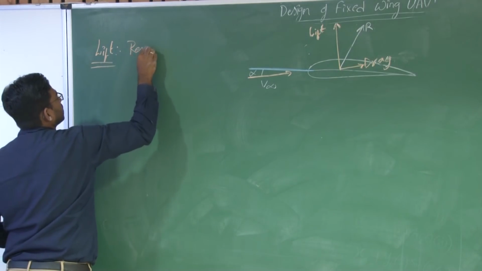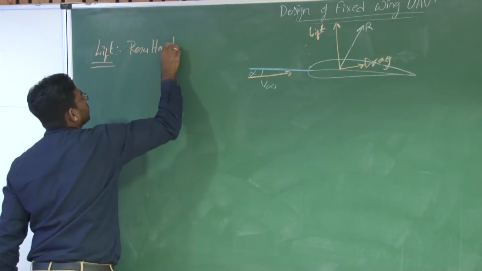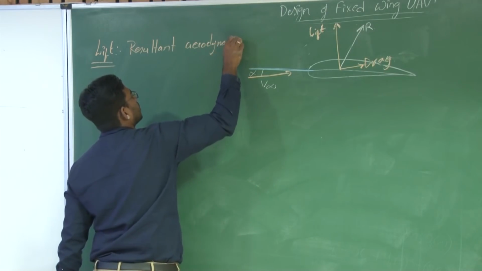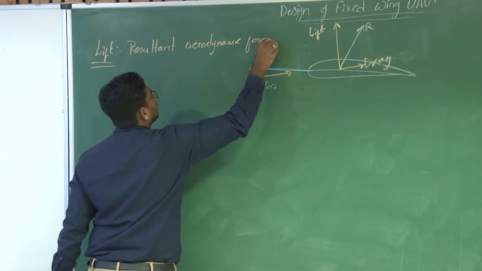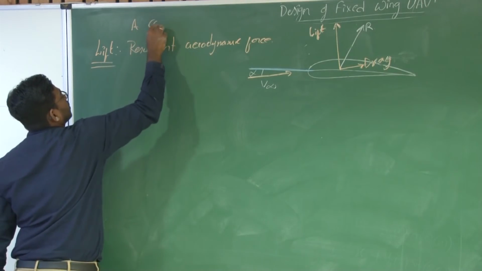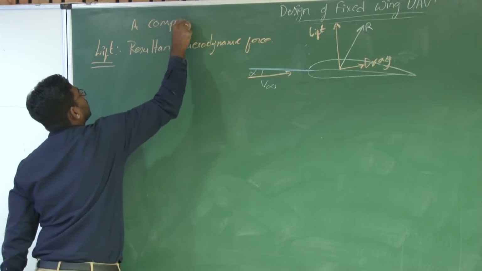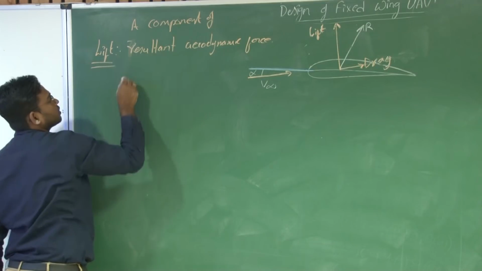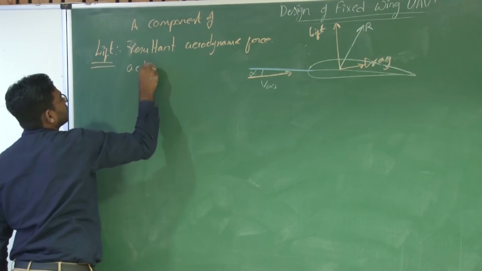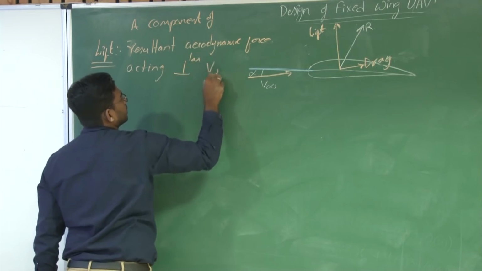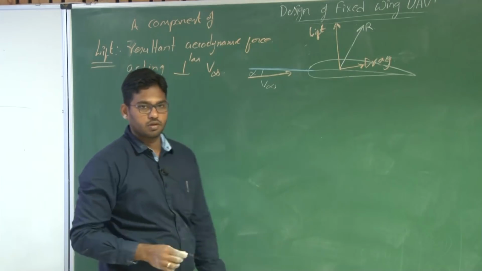It's a component of the resultant aerodynamic force acting perpendicular to V infinity, the free stream velocity, right?